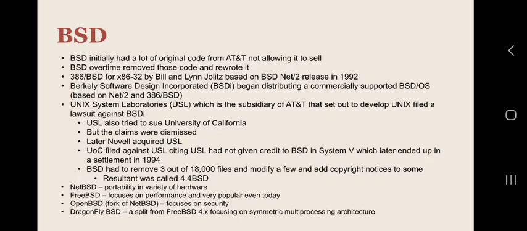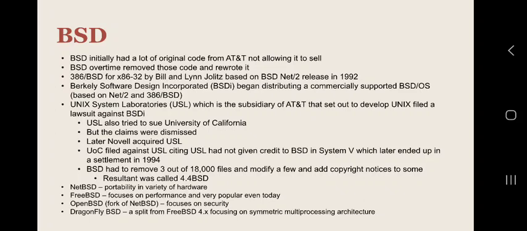Berkeley Software Design Incorporated, BSDI, another entity, began distributing commercially supported BSD OS based on Net/2 and 386BSD. Commercial possibility arose by then, because they had removed all of AT&T's specific code and rewritten it in some other form, which paved the way for them to commercially sell the BSD Unix operating system.